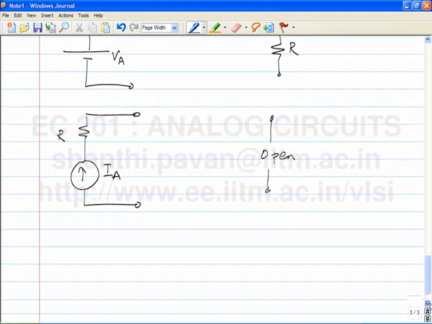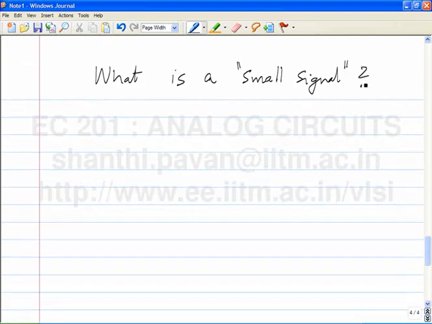So the last thing we need to do is to figure out the following: what is the small signal? Where is the approximation that we have made here? In all our small signal arguments, what have we assumed? What we have done is the following.